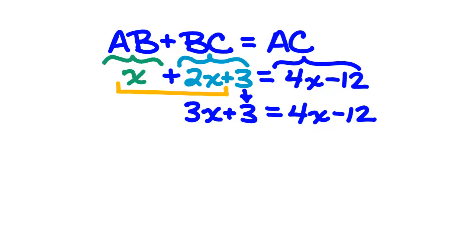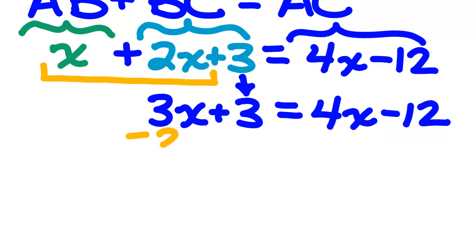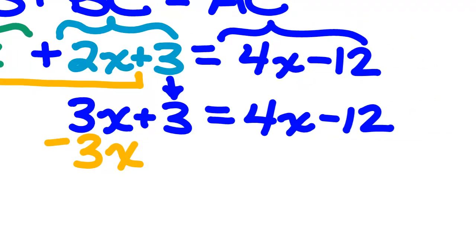Now I need to get my x's to the same side. I have x's on the left and I have x's on the right. I want x's on one side only. So I can either minus 4x from both sides, or I can minus 3x from both sides. I'm going to minus the 3x from both sides.